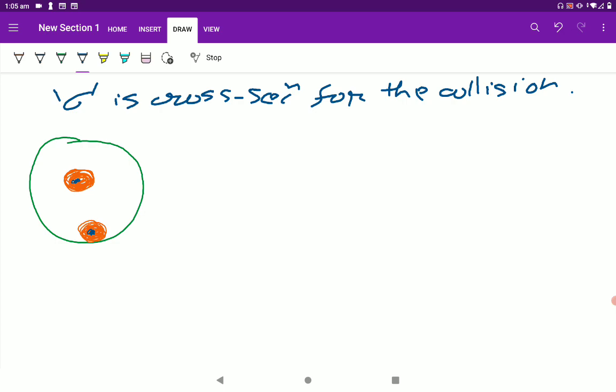This orange circle represents a single particle, an atom or molecule, in our gas.